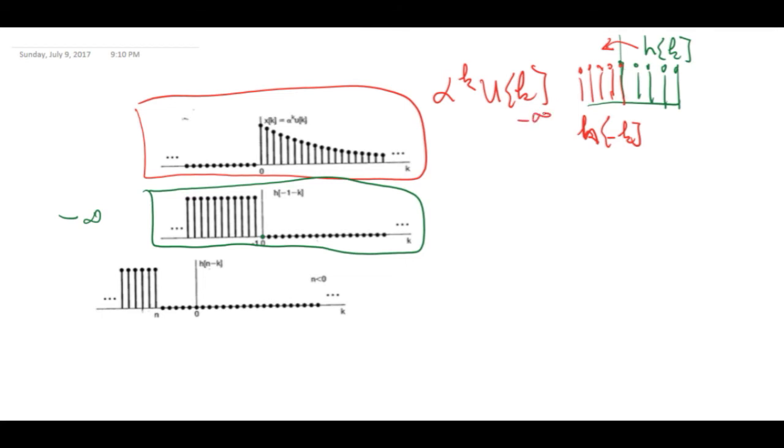So from minus infinity all the way until the 0 here. Now the interesting thing is when we look at this particular equation here, this is h minus 1 minus k. This is actually equal to h minus k plus 1 here.